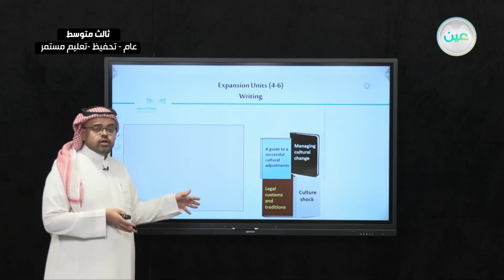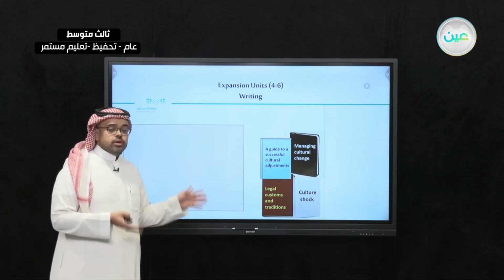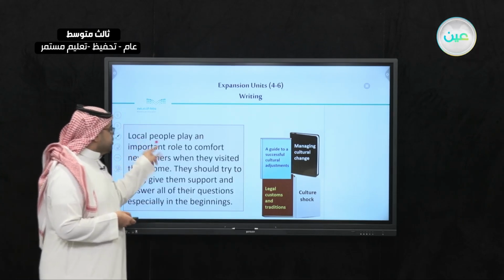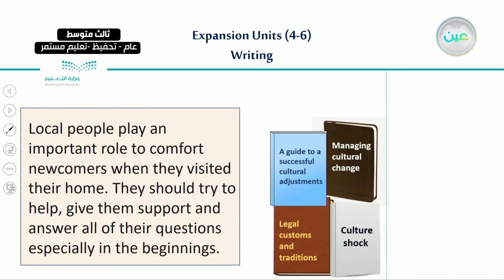So we have read my advice to a newcomer. Now let's read my advice to the local people. Local people play an important role in comforting newcomers when they visit their home. They should try to help, give them support, and answer all of their questions, especially in the beginning.